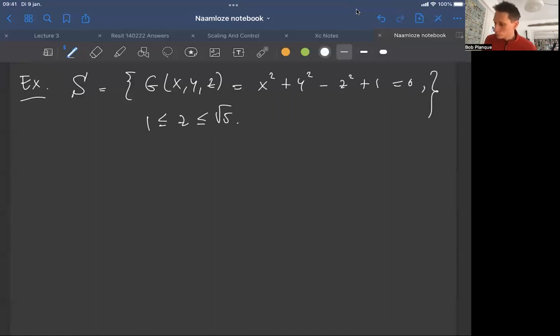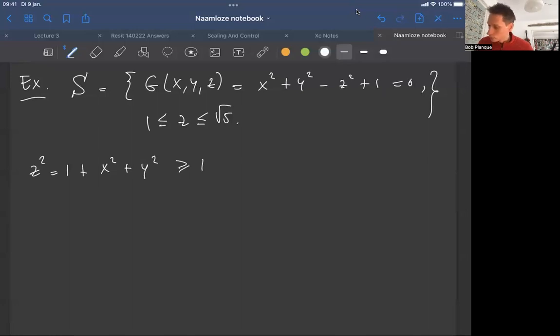I'm not going to draw this. So notice that z squared on this surface is 1 plus x squared plus y squared. And this is always greater than or equal to 1, because x squared and y squared are positive.